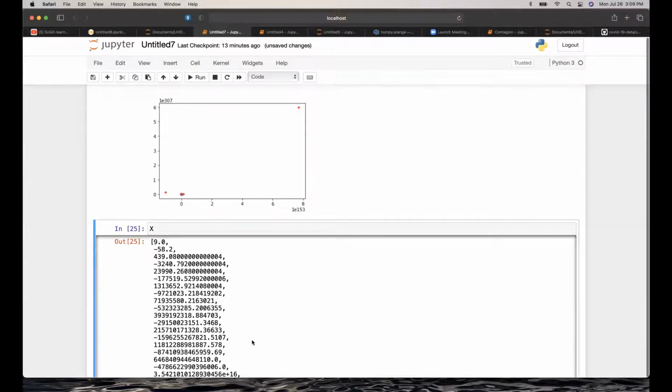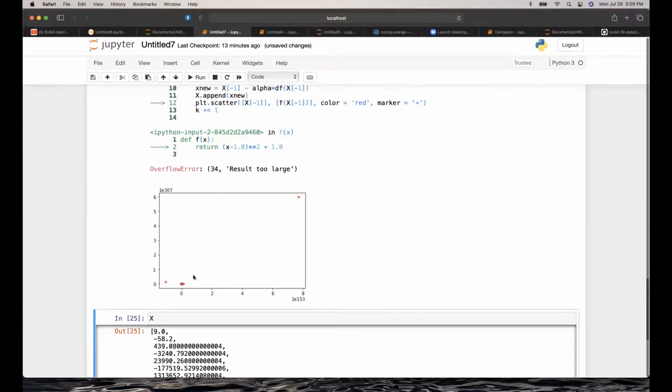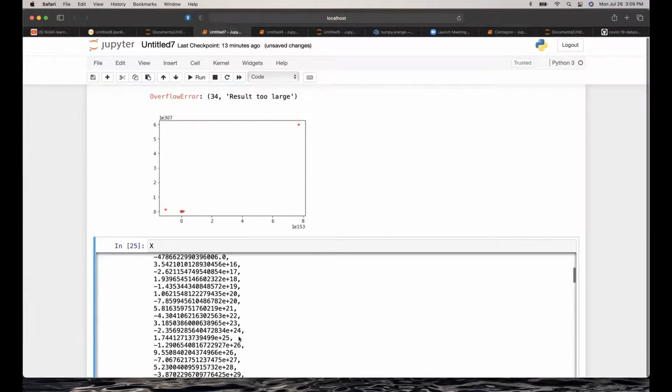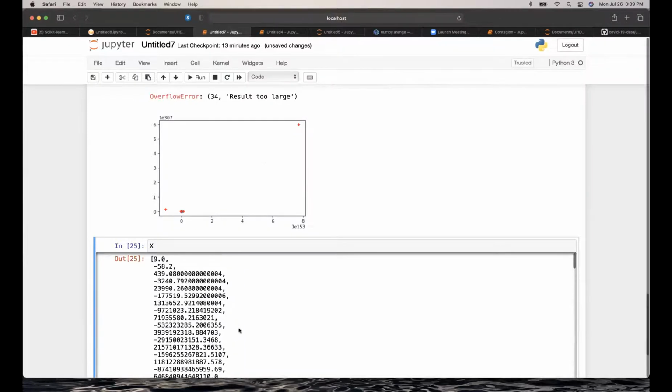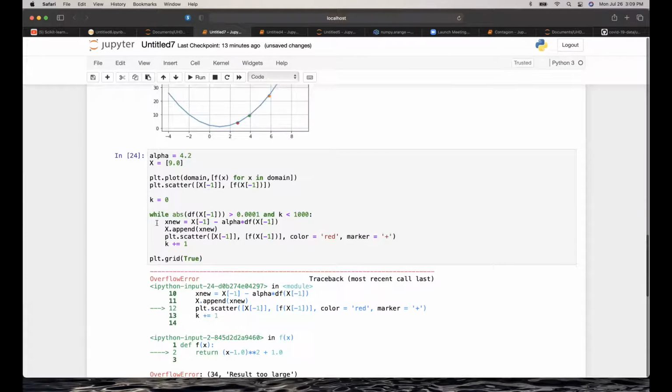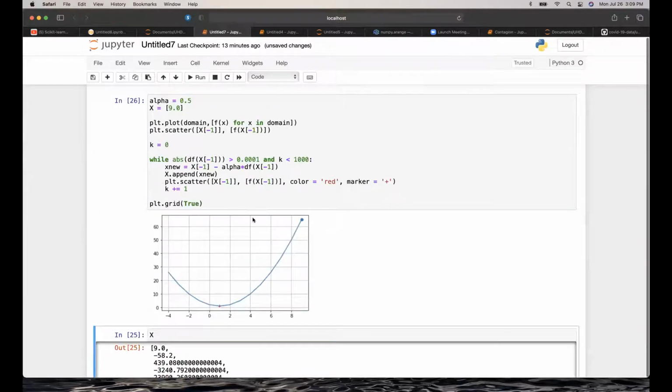We were hopping around way too much. That step size was so big, see how big these numbers are getting? It blew up basically.